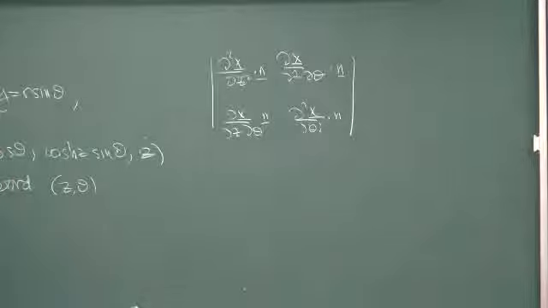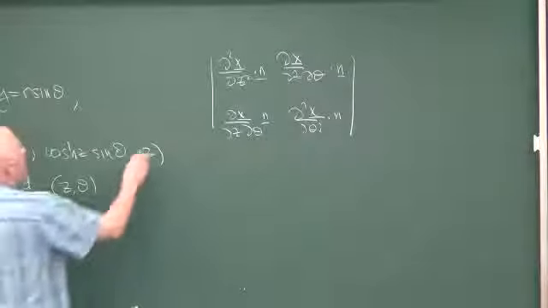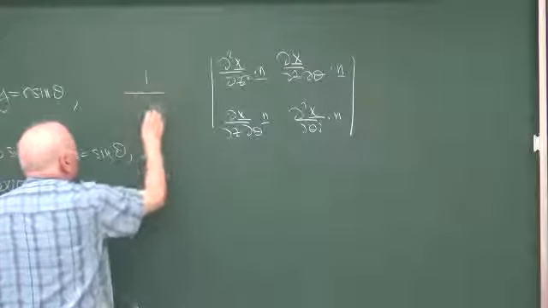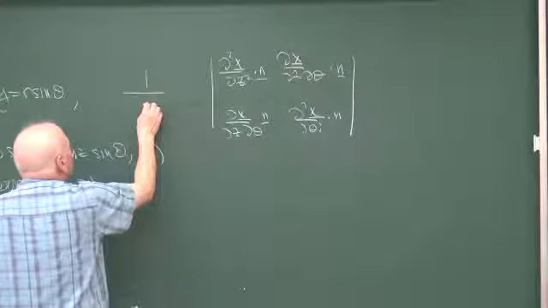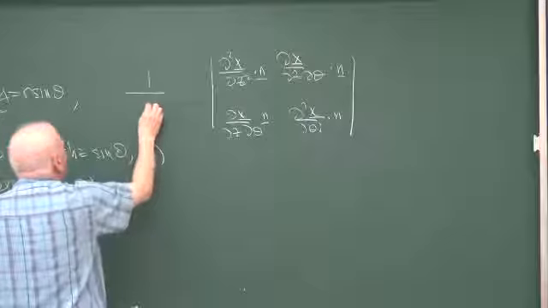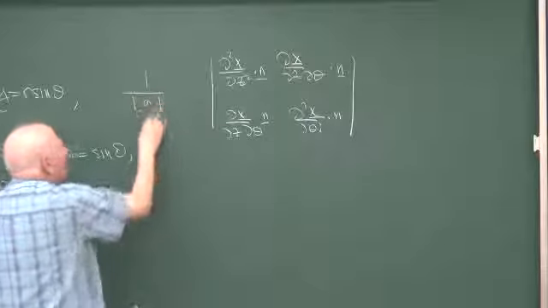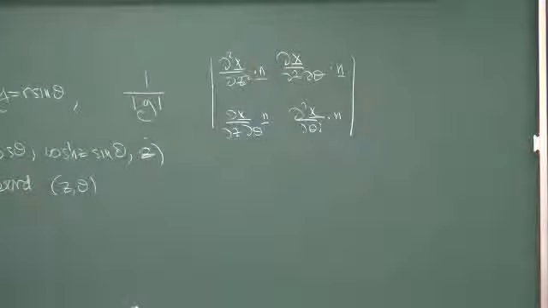That would give the second fundamental form, but as I said, we also have to divide through by the determinant of the metric. So we'll take the determinant of the metric, and this will give the second fundamental form.